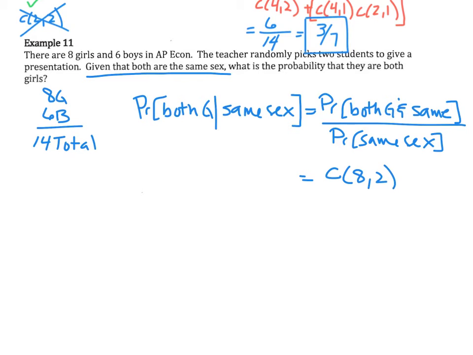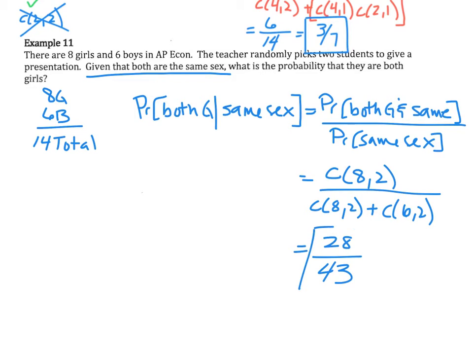You have 8 girls, you're choosing 2 of them. And in the bottom, you could either have 2 girls or 2 boys. And you get a probability of 28 out of 43.